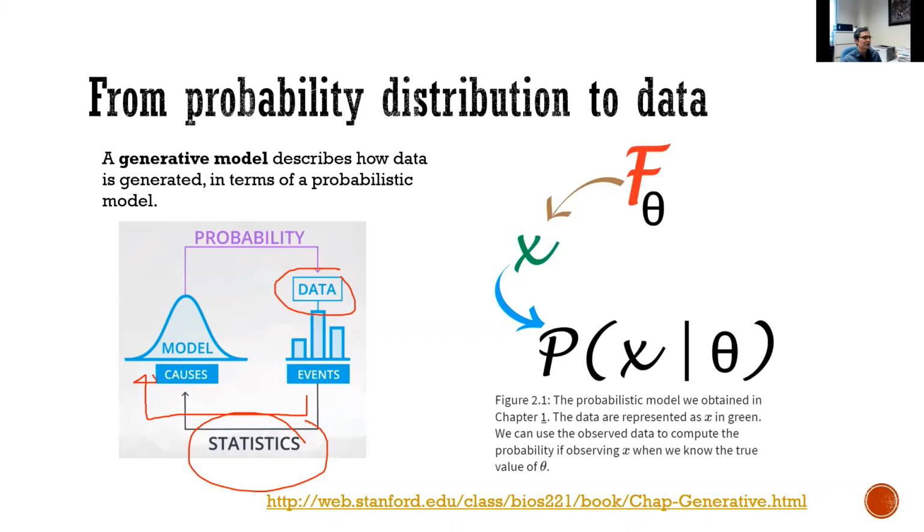So a model is a distribution of your data and the frequency of what values of data you will observe. Once you have this model, you will be able to use a probability model to regenerate data. That's what we call generative models.